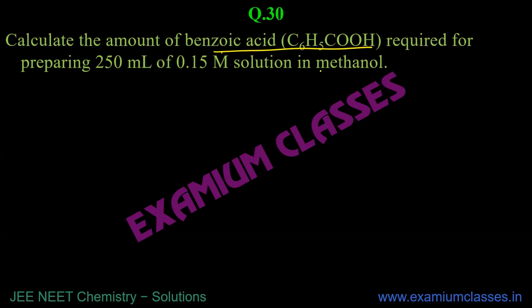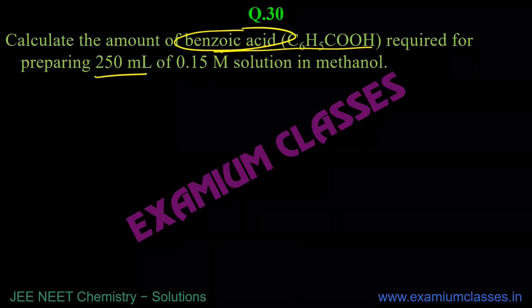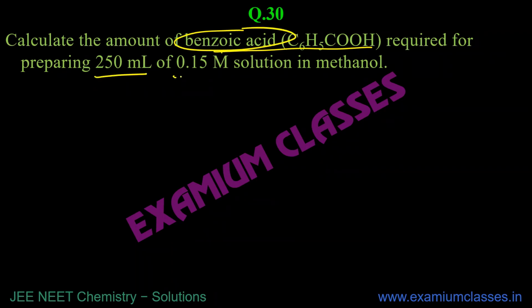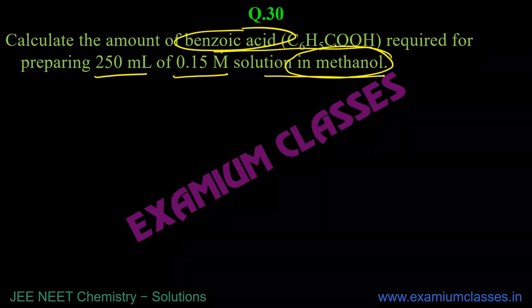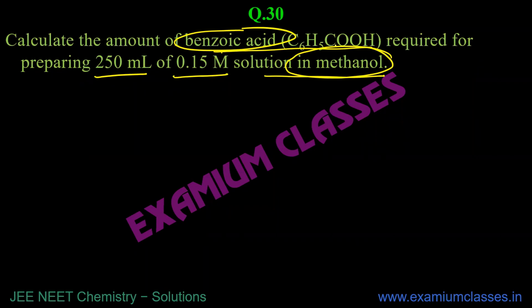So benzoic acid here is solute. It says calculate the amount of benzoic acid required for preparing 250 ml of 0.15 m solution in methanol. So it's asking for the number of moles.